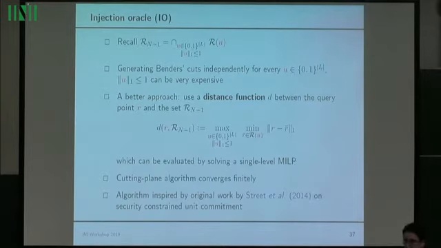Now, the checking part you want to be careful about, because there are efficient and inefficient ways to do it. So the way we're approaching this is by looking for the worst possible failure that maximizes the distance of our current market clearing point from any one of the contingency dependent polytopes.